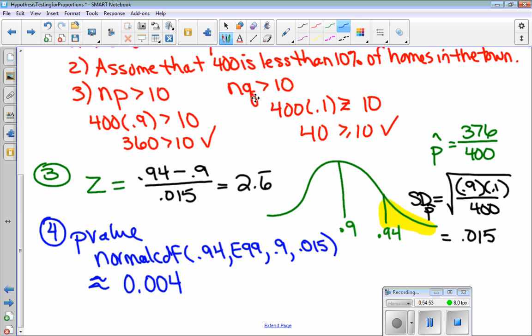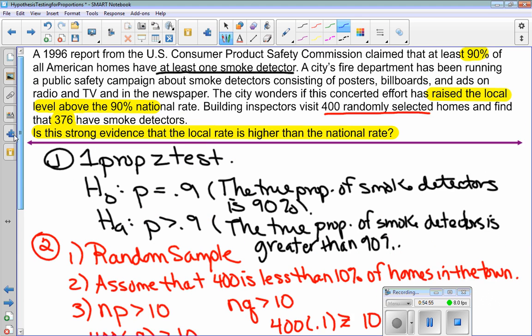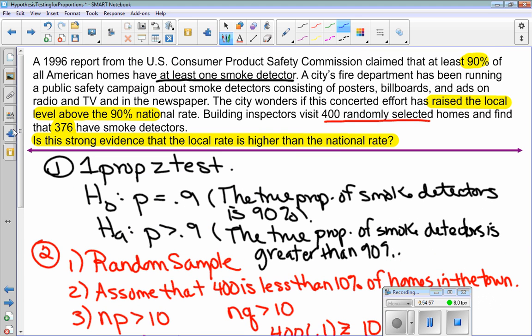Let's put it in the context of our problem. That 376 homes just was by chance, was by luck. Okay? We got lucky. Well, the likelihood that that was just a lucky venture is really small.